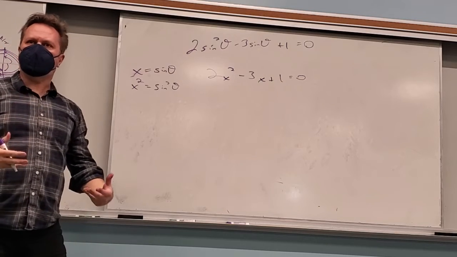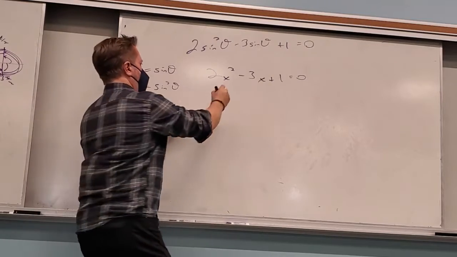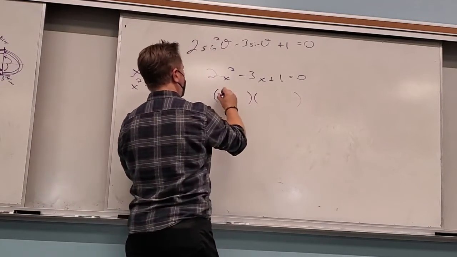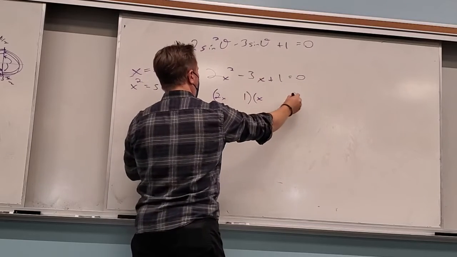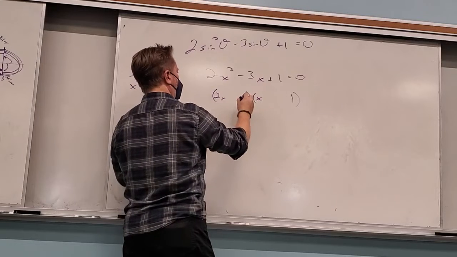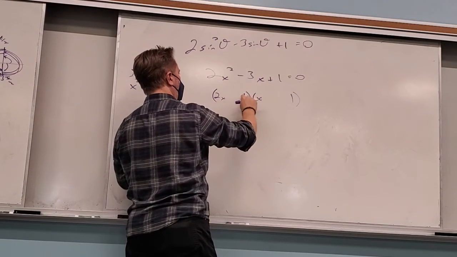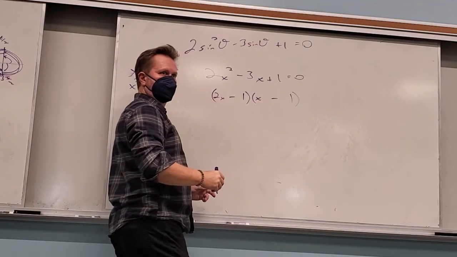It's quadratic. It just didn't look like it because sine was kind of in my way. All right, this is easy because that's 2x and x. This is 1 and 1, and now they have to have the same sign, so they both have to be negative. Is that cool?